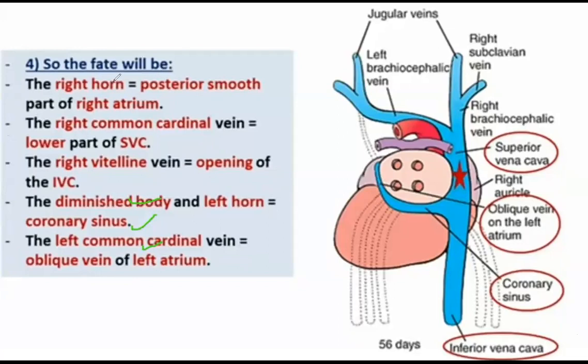So the fate will be of the right horn. What will the right horn form? Posterior smooth part of the right atrium. Okay, also the trabeculated part of the right atrium.